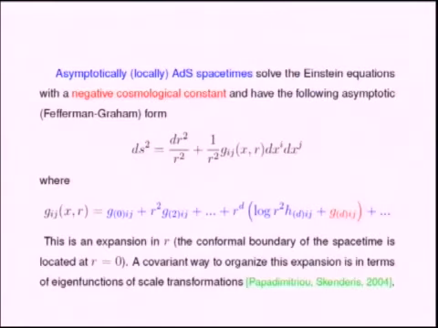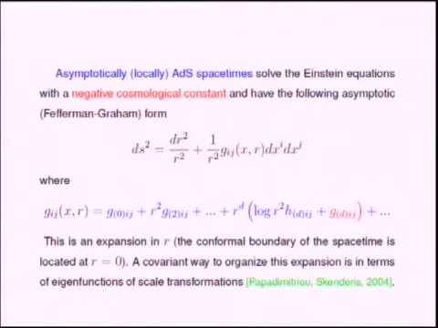Let's just focus first on the asymptotically anti-de Sitter part of the space. An asymptotically anti-de Sitter space-time is one which solves the Einstein equations with a negative cosmological constant. And near the boundary of the space-time, the conformal boundary, you can always make an asymptotic expansion of this form. So R equals 0 is the boundary, and then this metric can be expanded in powers.